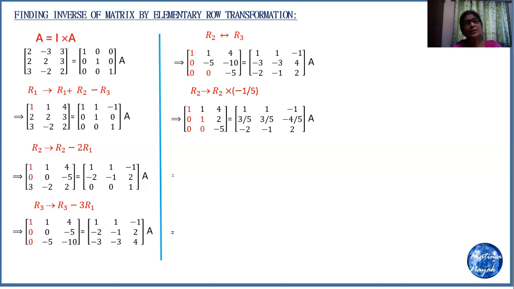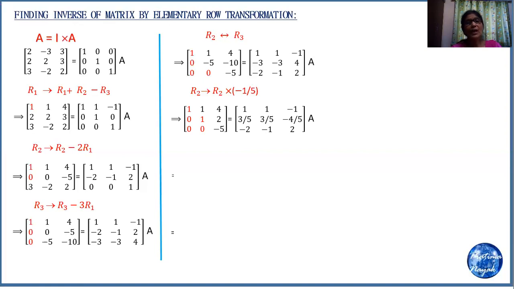So this is the result. The whole R2 will be changed accordingly. Minus 10 into minus 1 by 5 will be 2. And see the identity matrix also, it will be plus 3 by 5, plus 3 by 5, minus 4 by 5, because I multiplied by minus 1 by 5.